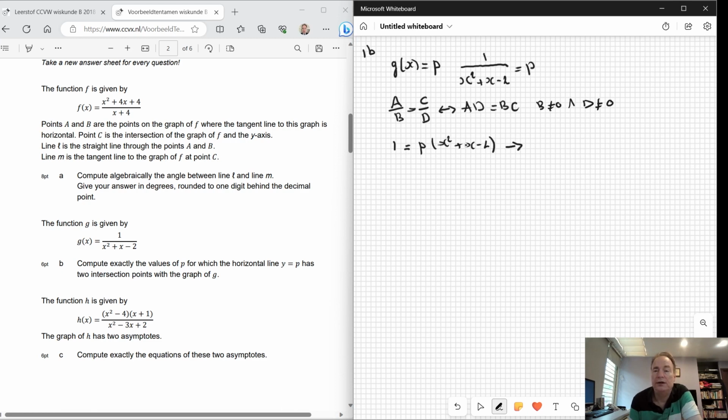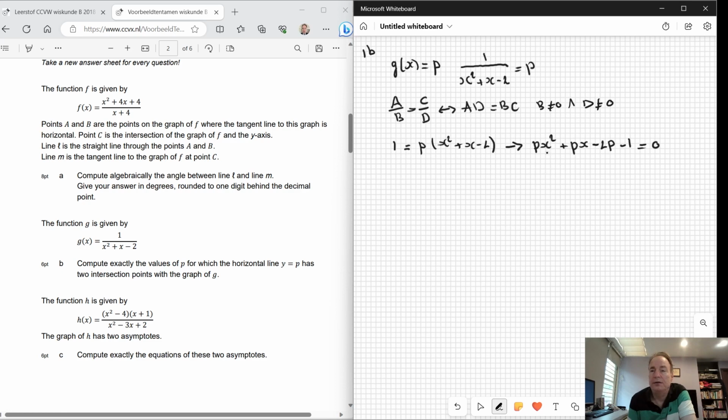What I can do is bring the 1 to the right and expand the parentheses. So I get px squared plus px minus 2p minus 1. This has to be 0.